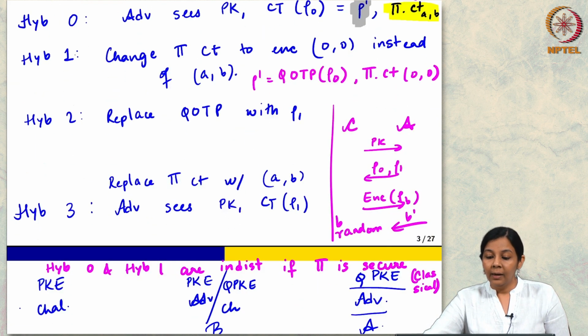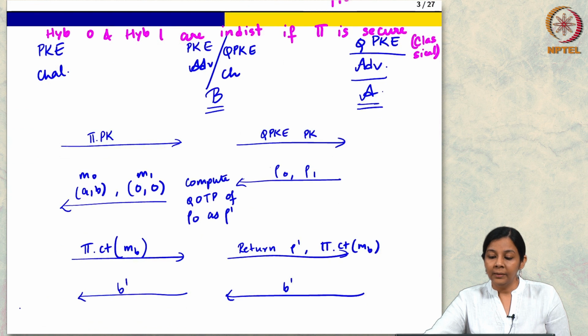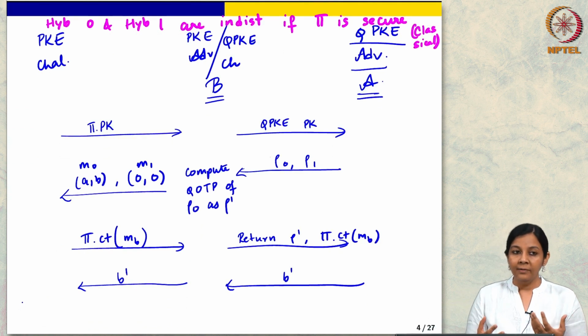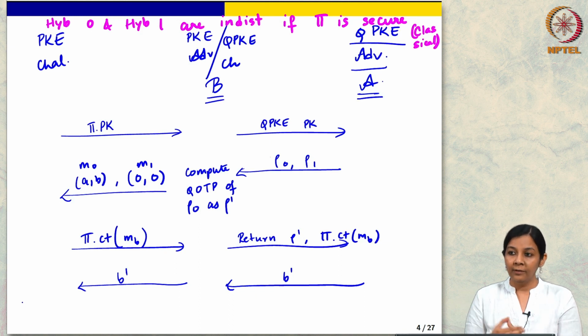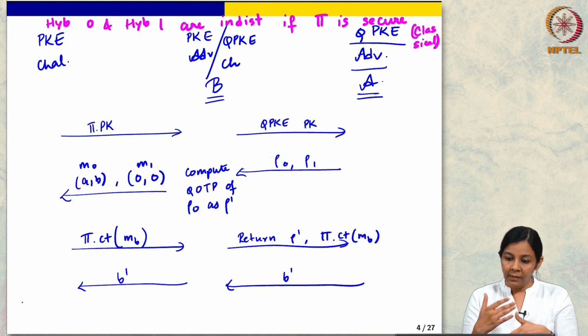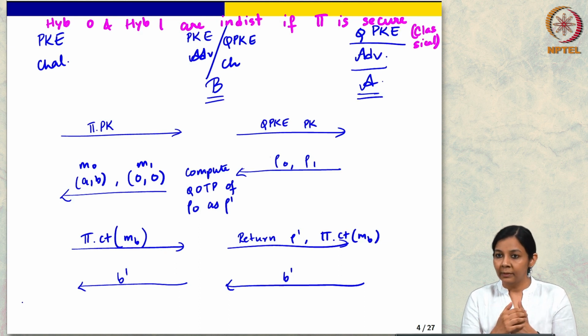He is commenting that because pi is a secure encryption scheme, you cannot distinguish between the encryption of AB and 0 0. Yes, that is what we were using in our reduction, but I would like everyone to spend a little bit of time on this, maybe offline, where you really understand why the sequence of steps is what it is.